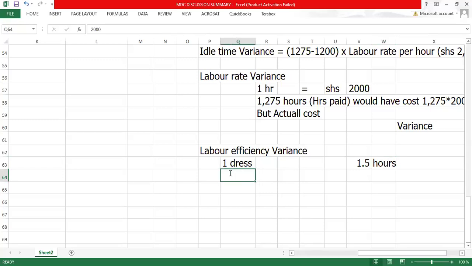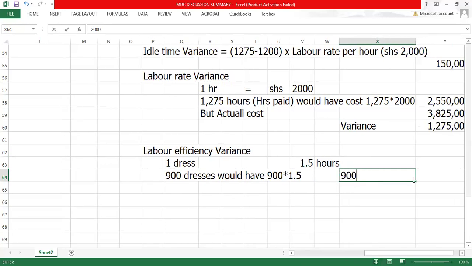The actual dresses were 900. These dresses would have used how many hours? 900 times 1.5.